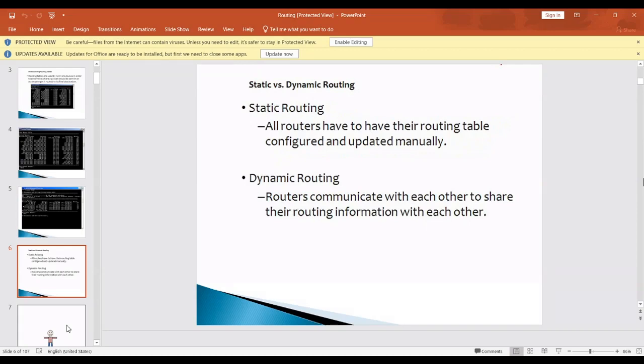It will not happen automatically. We have to configure the routers and their routing tables, and update them manually. But dynamic routing is entirely different. The routers communicate with each other to share their routing information, so it happens dynamically, that means automatically.